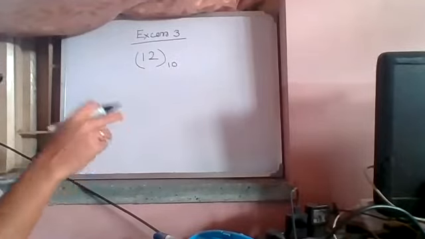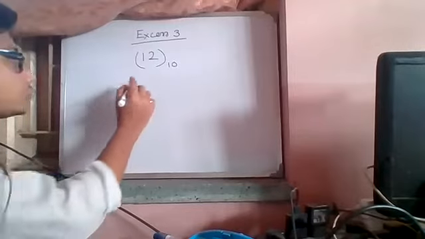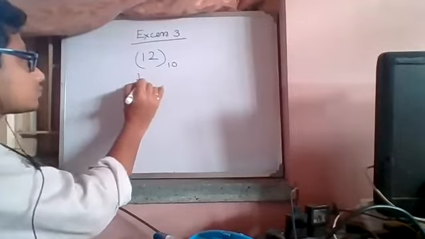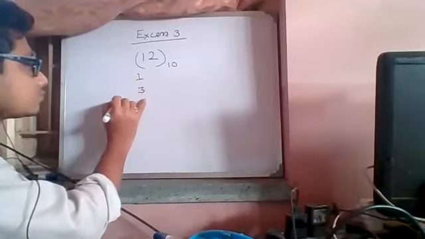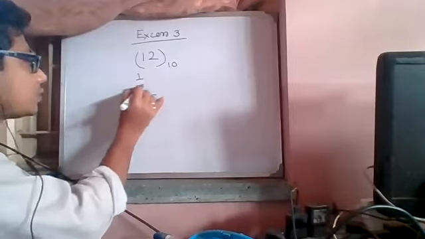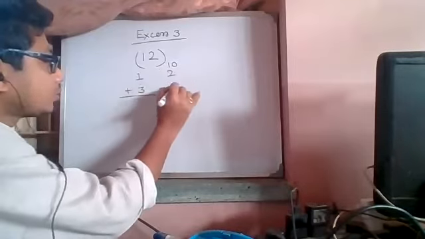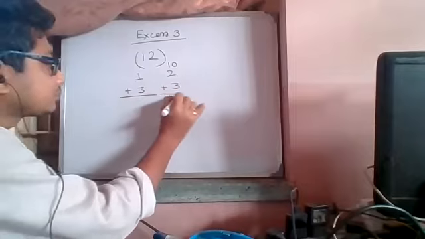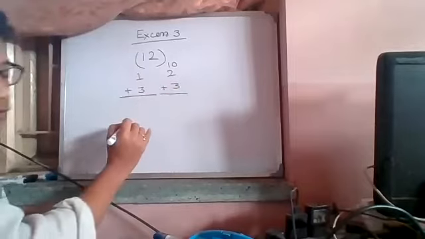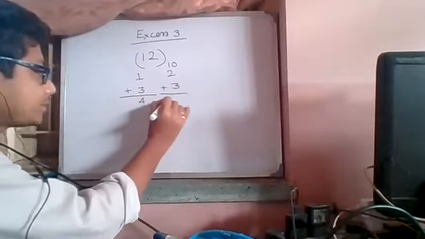First of all, you have to add 3 to the individual digits. So this will become 4 and this will become 5.